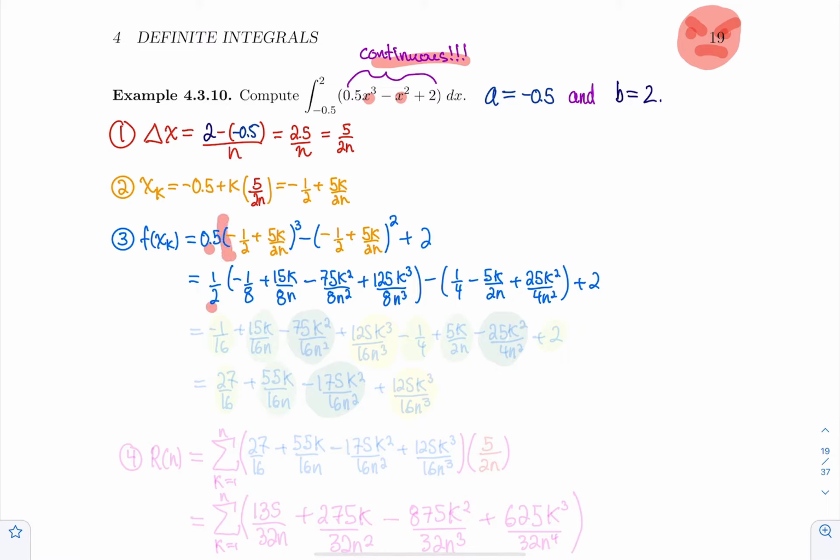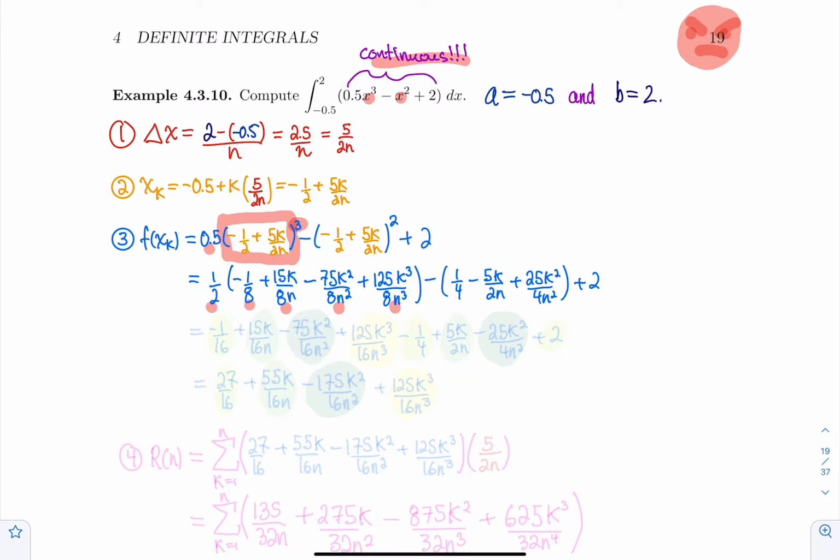Now, if you FOIL minus 1/2 plus 5k over 2n to the power 3, you're going to get minus 1 over 8 plus 15k over 8n minus 75k squared over 8n squared plus 125k cubed over 8n cubed. So FOIL it the way you want.